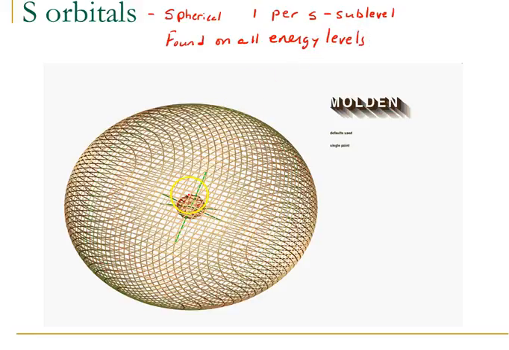So when we look at this, we've got the nucleus here in the center. We've got an axis system here, here, and here, and of course with the sphere, the outer boundary of the sphere is going to be equidistant from the center of the sphere in the nucleus.